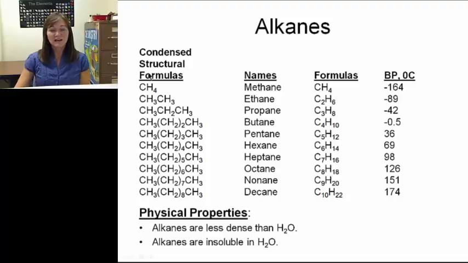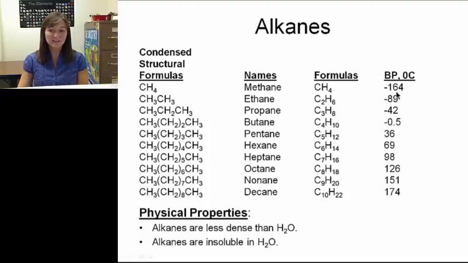So taking our simplest one carbon called methane, boils at negative 164 degrees Celsius. So a very low boiling point. The next hydrocarbon, the next simplest one, has 2 carbons, and the name of that is ethane, and this would be the molecular formula. And notice it still has a low boiling point, but it's higher than the methane.